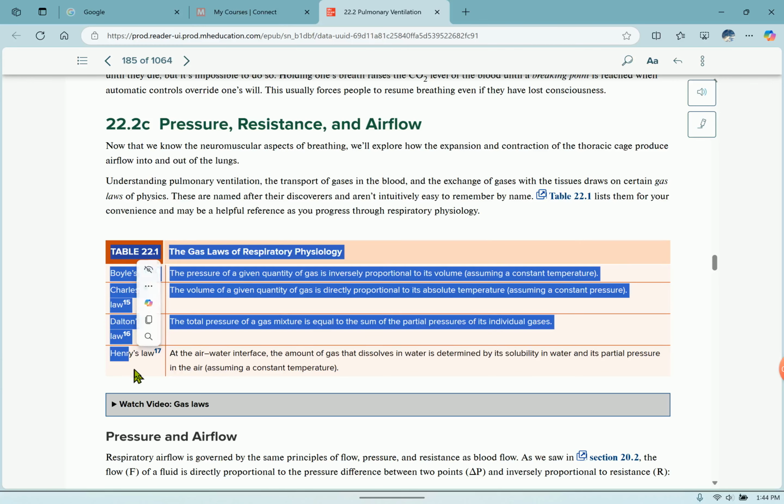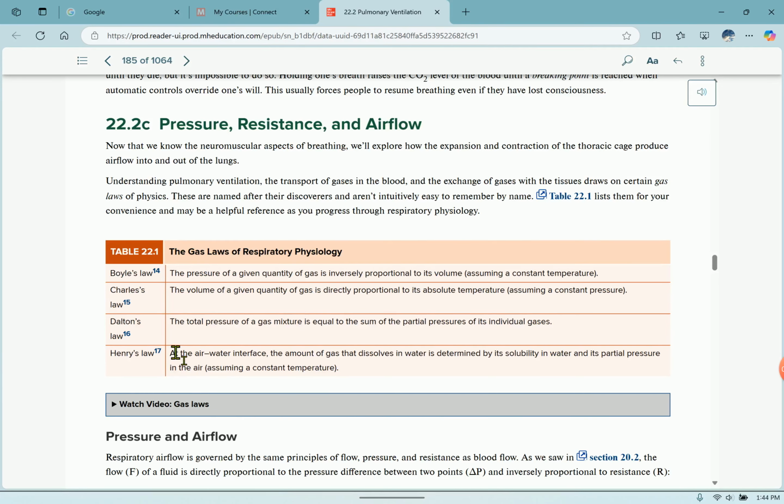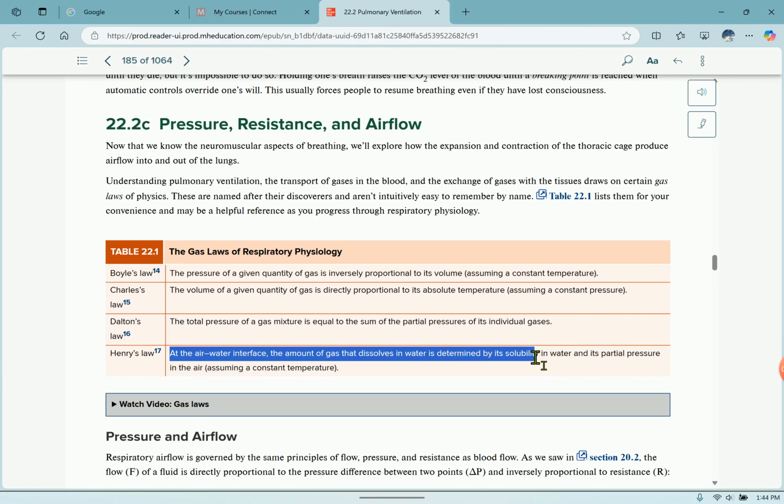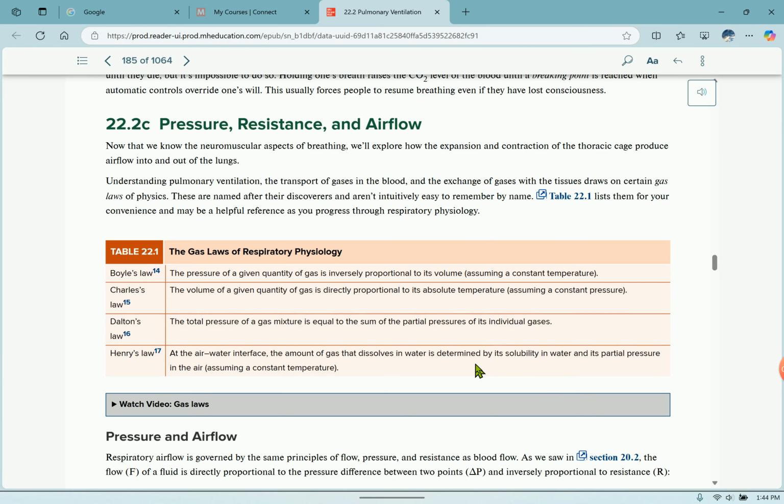In Henry's law, this is at the air-water interface, the amount of gas that dissolves in water is determined by its solubility in water and its partial pressure in the air. In layman's terms, this is explaining how oxygen and carbon dioxide are exchanged between the alveoli and the blood.